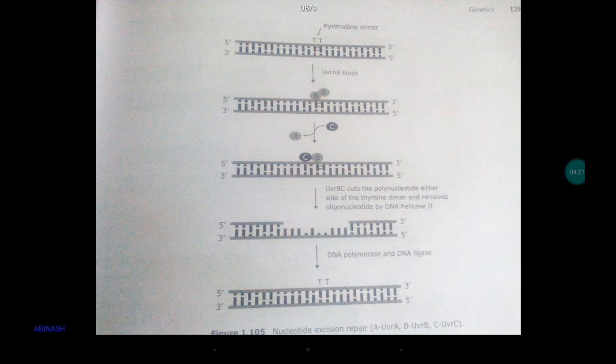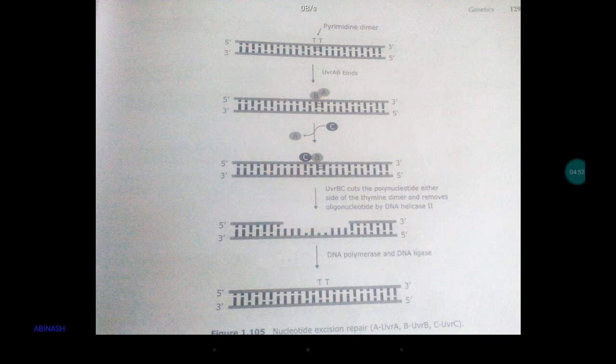First, UVRAB comes together, and the function of UVRA is to bring B onto the DNA segment that needs to be repaired. That means UVRA recognizes the site of mismatch region. Once UVRA recognizes it, UVRB gets attached to this region.